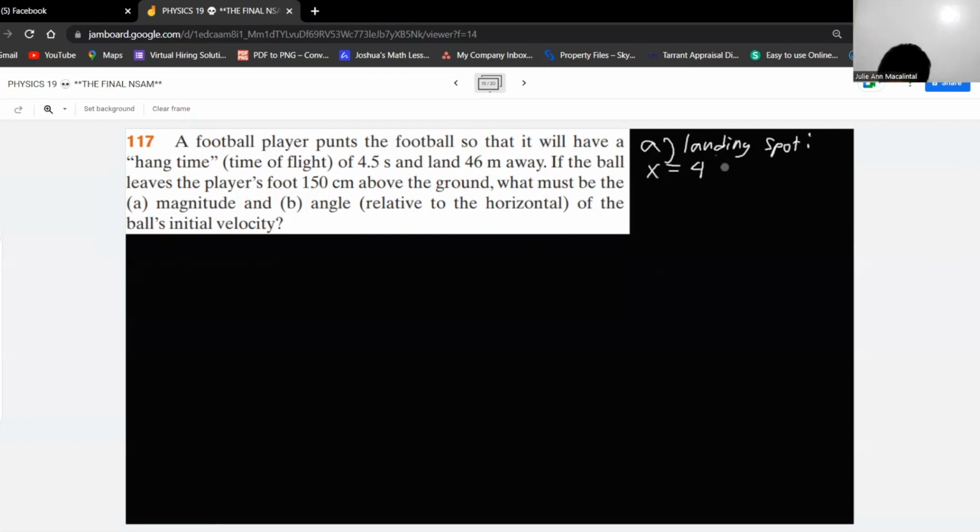Gawa ka ng sketch ng path. So I think okay na yung choosing the origin as yung initial position.